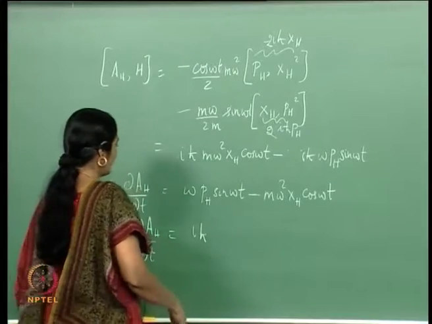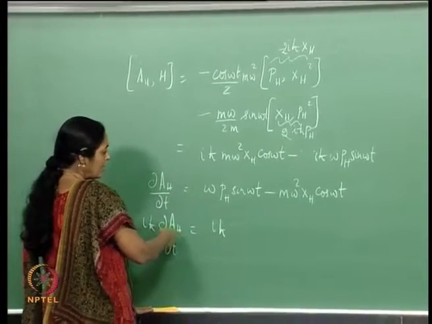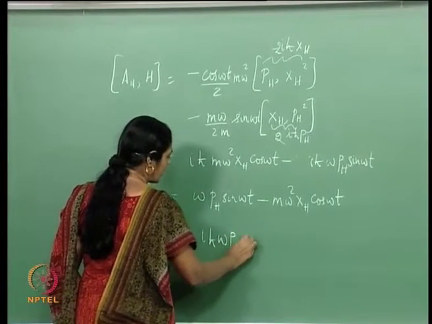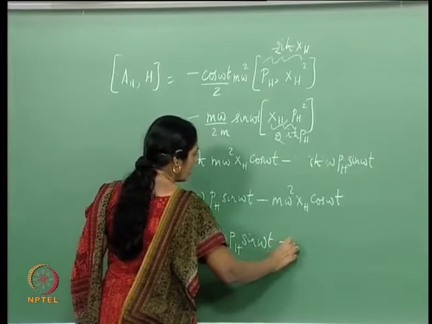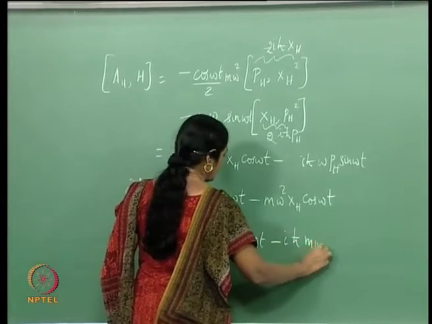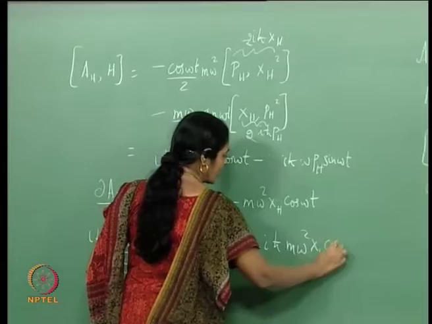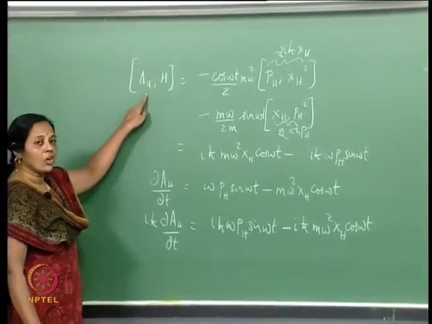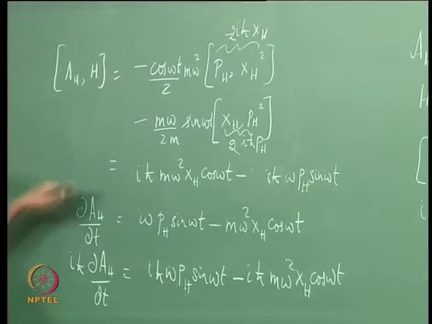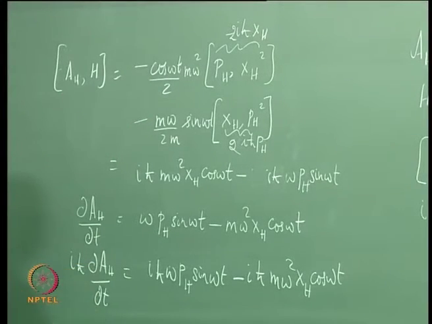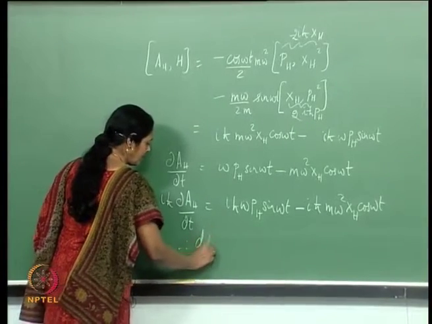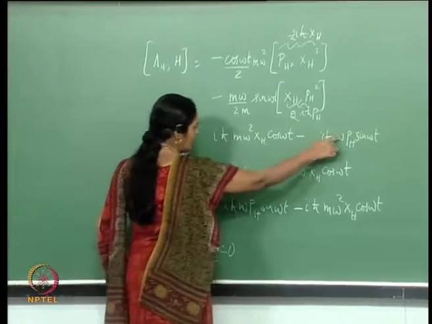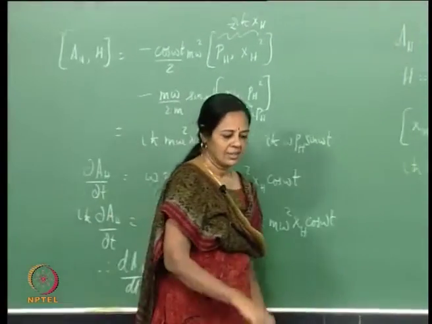So now coming back to this step, i h cross delta AH by delta t gives me an i h cross omega PH sin omega t minus i h cross m omega squared XH cos omega t. So the commutator of A with the Hamiltonian plus i h cross delta A by delta t is 0. This cancels out with that and that cancels out with this.